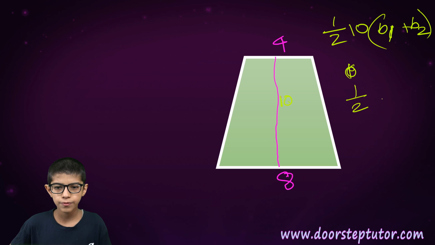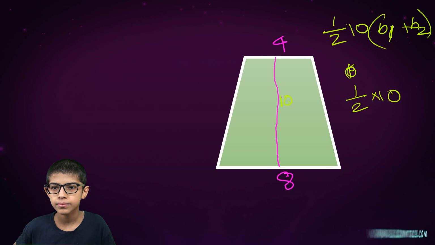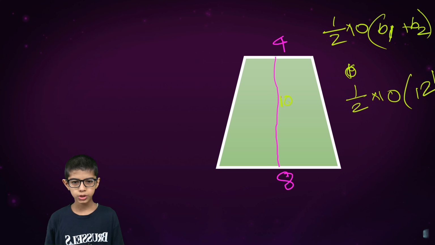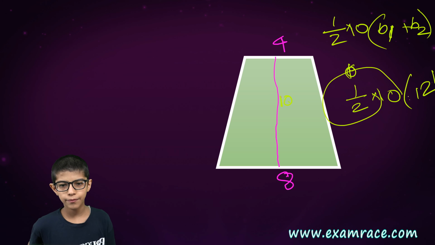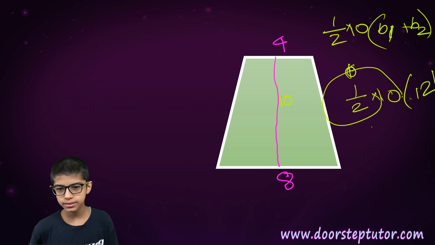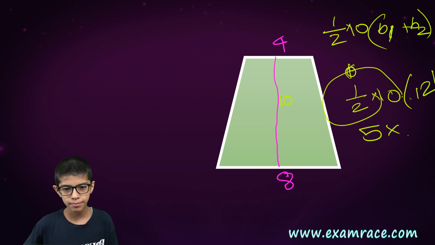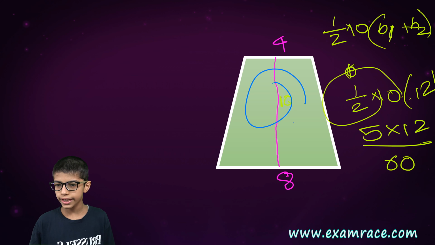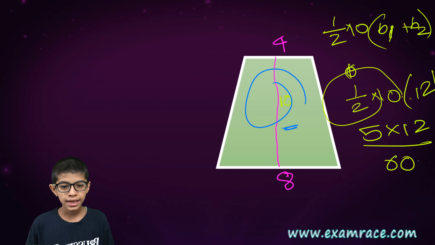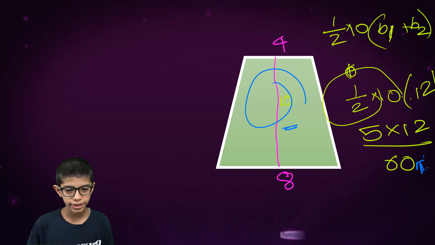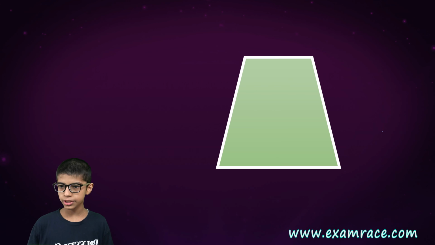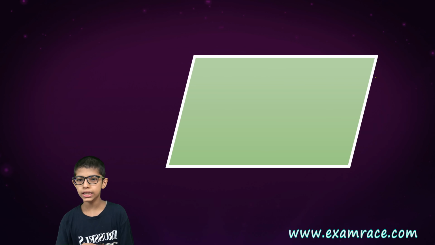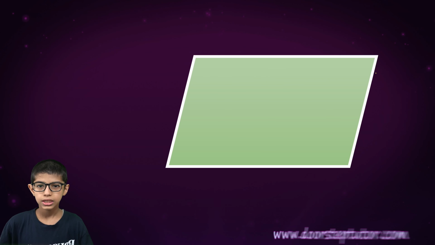Then half into 10, then multiplied by 12. So half into 10 is 5 multiplied by 12, which gives us 60. Therefore, the area of this trapezium would be 60, and then the unit, it can be meter square, centimeter square, as per the question.